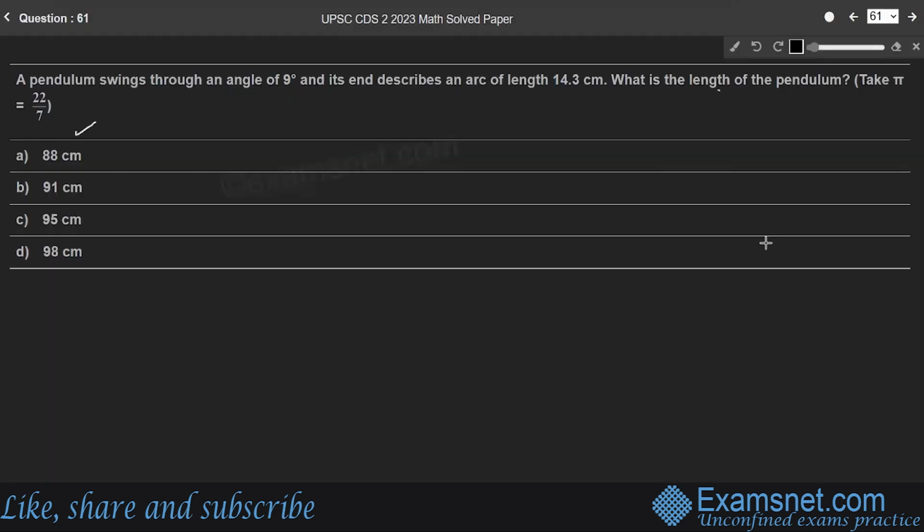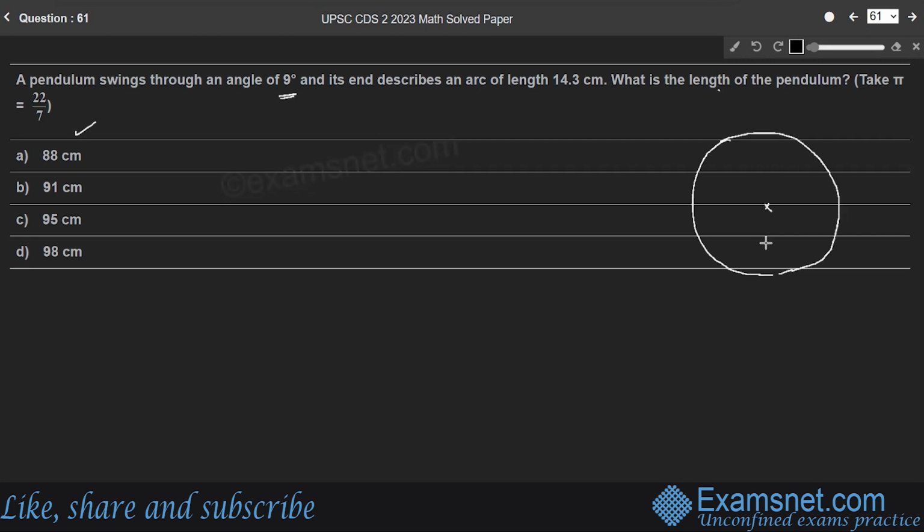Question 61. A pendulum swings through an angle of 9 degree and its end describes an arc of length 14.3 centimeter. What is the length of the pendulum? So we'll consider a pendulum in a clock, like this.